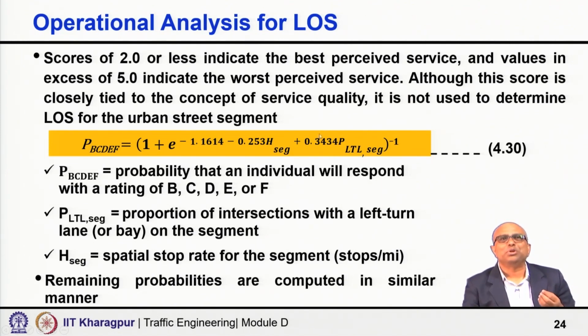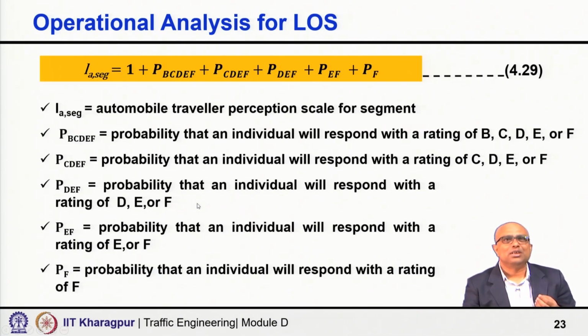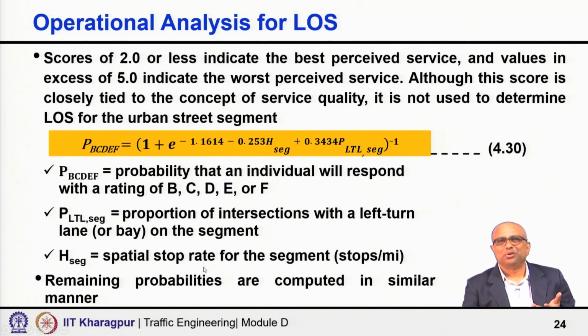Similar kind of equation, this I have shown for P(B,C,D,E,F). The coefficients are different, sometimes the sign may be different. Similar equations are also given in the Highway Capacity Manual for P(C,D,E,F), P(D,E,F), P(E,F) and P(F). So, you can use those and get it, right.